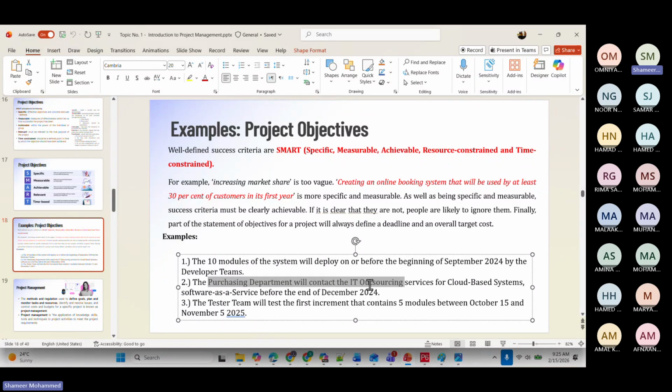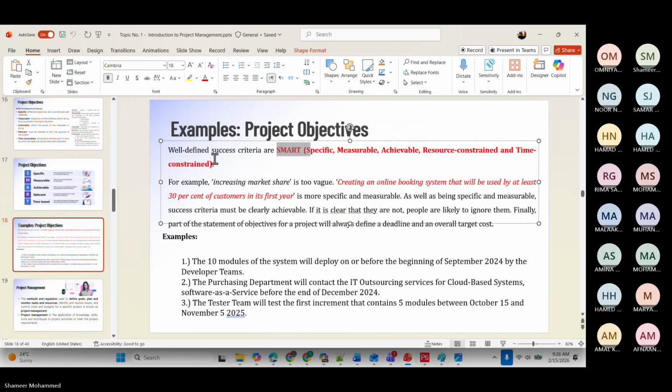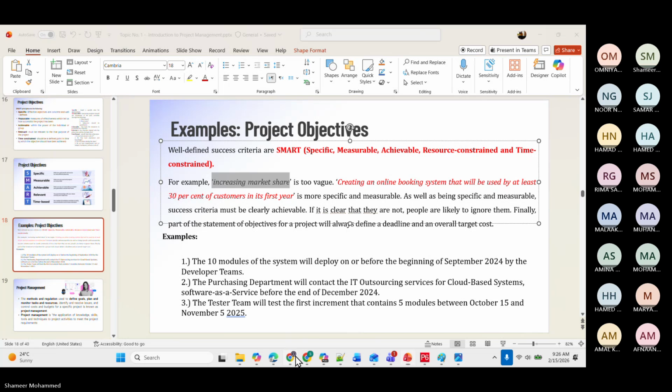Purchase department will contact these people. Testing team will do testing for 5 modules between this date and this date. So like this, they are applying the SMART criteria in order to make the project successful. So increasing the market share is the project goal they have.